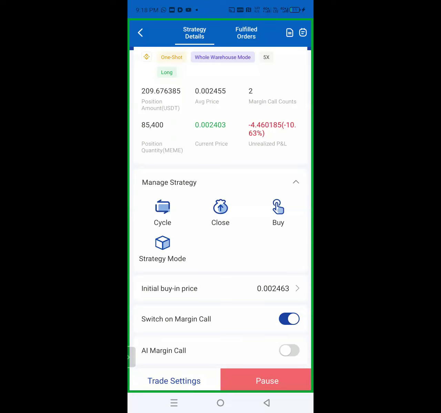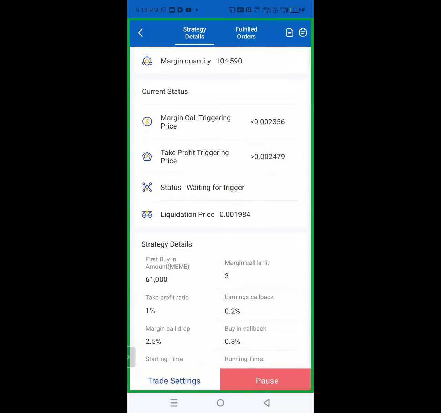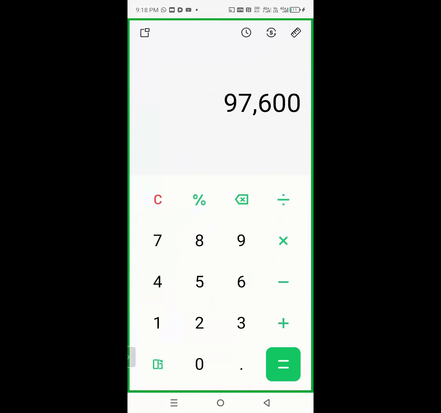For me to get what quantity $6 can get, I did 85,400 minus my first buy, which is 61,000. I hope I'm audible. 85,400 minus 61,000. Can you see my screen?